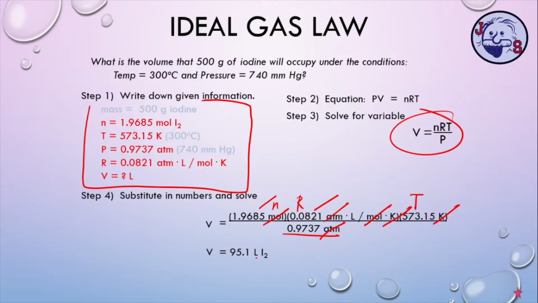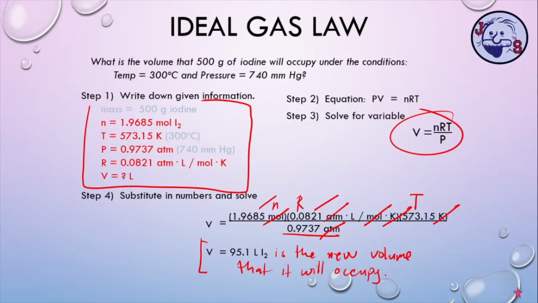Upon doing so, we can get this particular answer. I have the habit of having the final answer in a complete form. So 95.1 liters of iodine is the new volume that it will occupy.